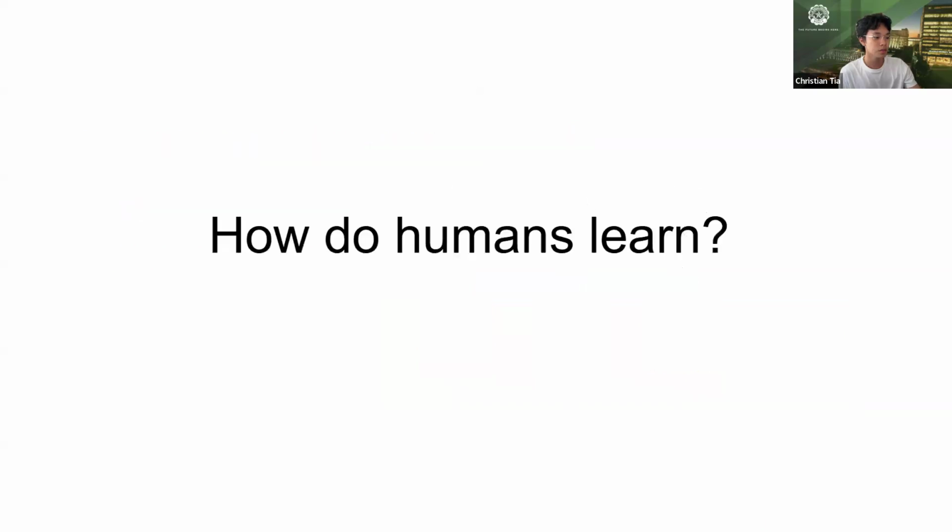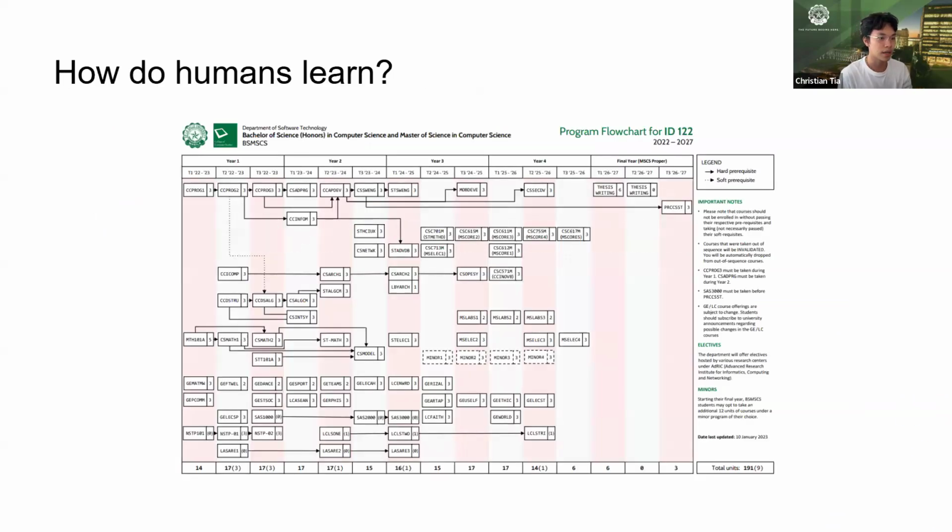So in comparison, let's just look at how humans typically learn. I have here an example of my flowchart from La Salle, and it's immediately apparent that there are many arrows which indicate hard prerequisites. A hard prerequisite means that you have to have taken the class before the arrow before taking the next class.